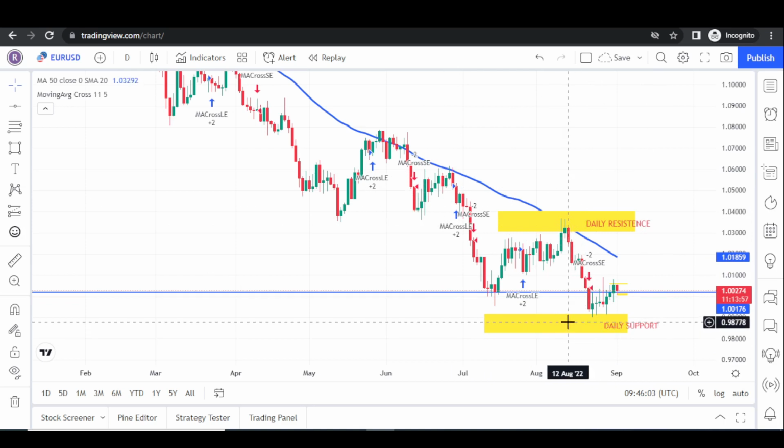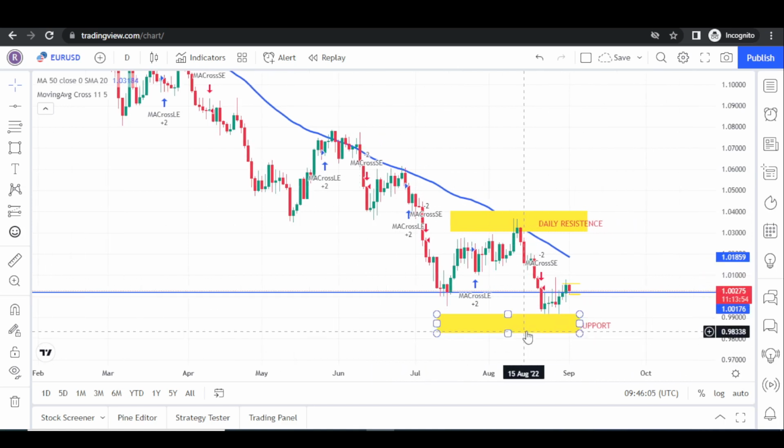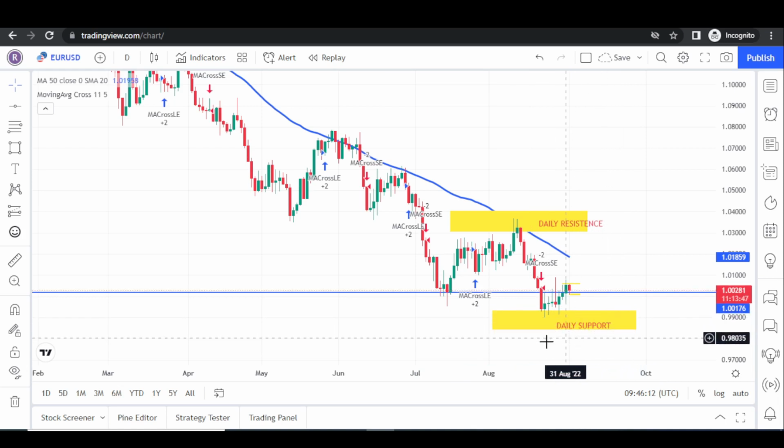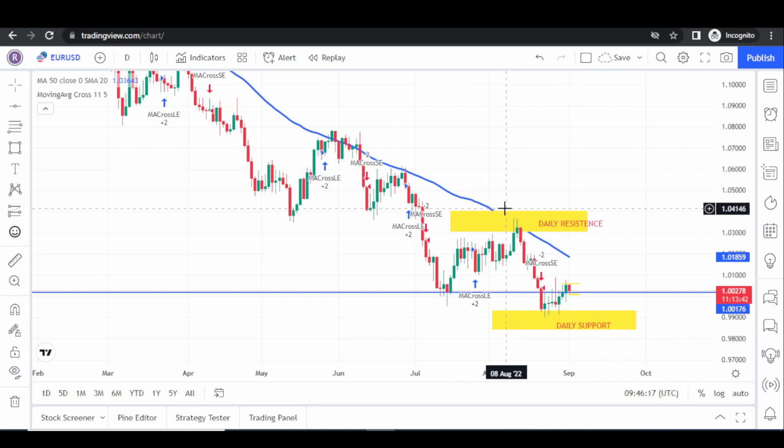When you look at this here, guys, you will see that this particular thing that I marked here serves as a daily resistance zone, and this is a daily support zone. Now when you look at our 200 moving average, you will see that the price is below it, and you can see this rejection, two rejections at this zone.